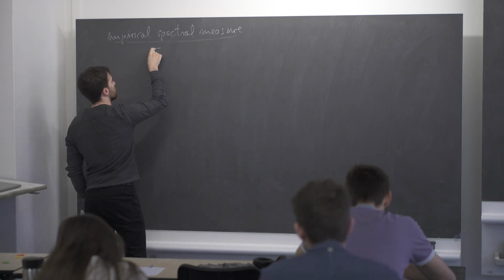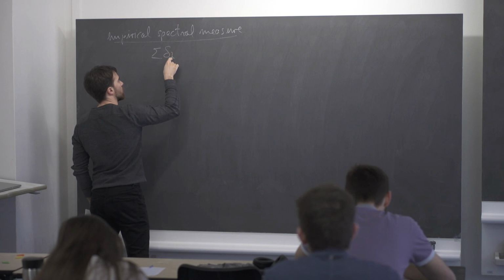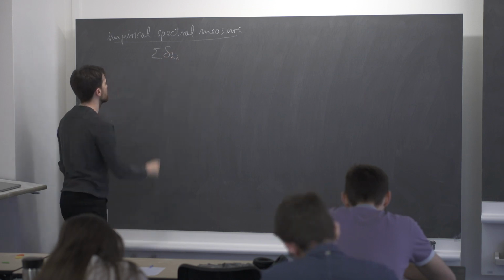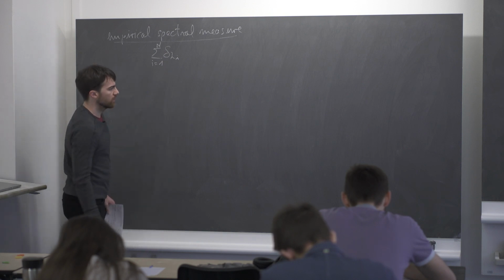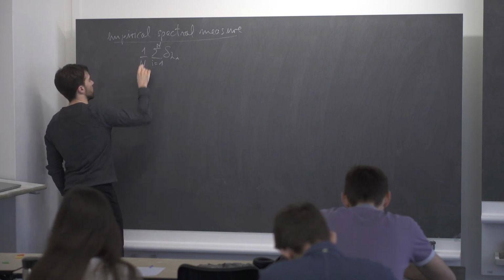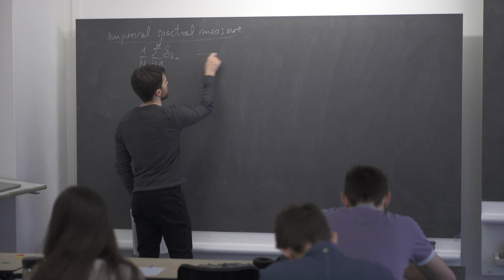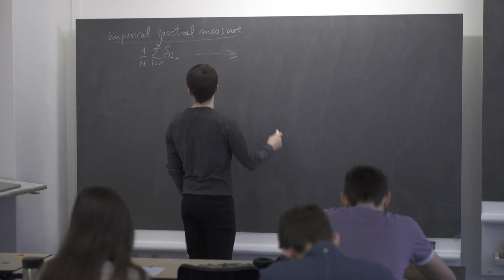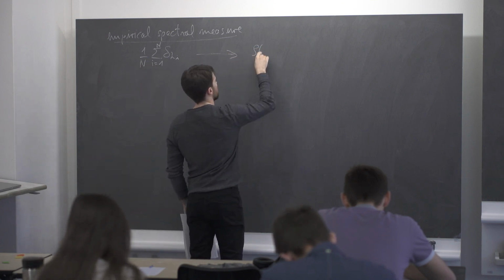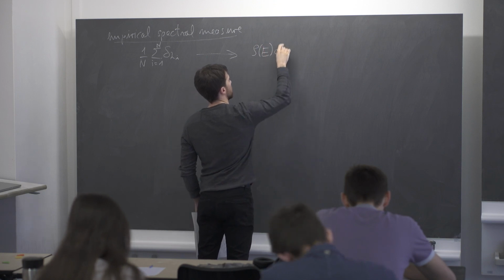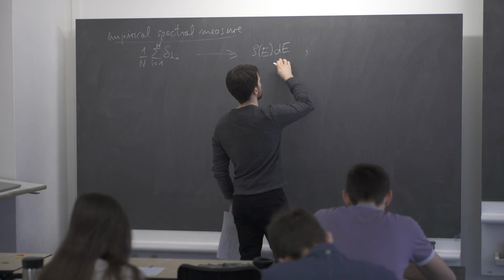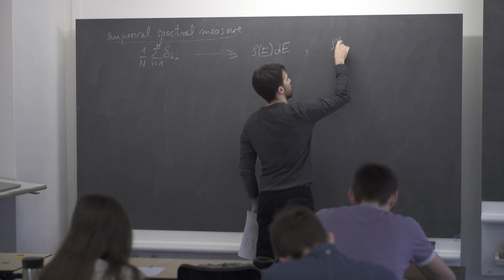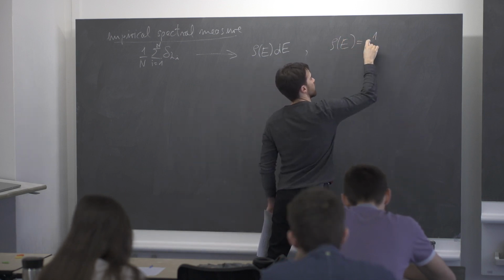You take the sum over the Dirac masses at the eigenvalues, and then you normalize them, and then that converged to the semicircle distribution. So let me write it like this. It's a measure on R, which has a density, and the density looks as follows.